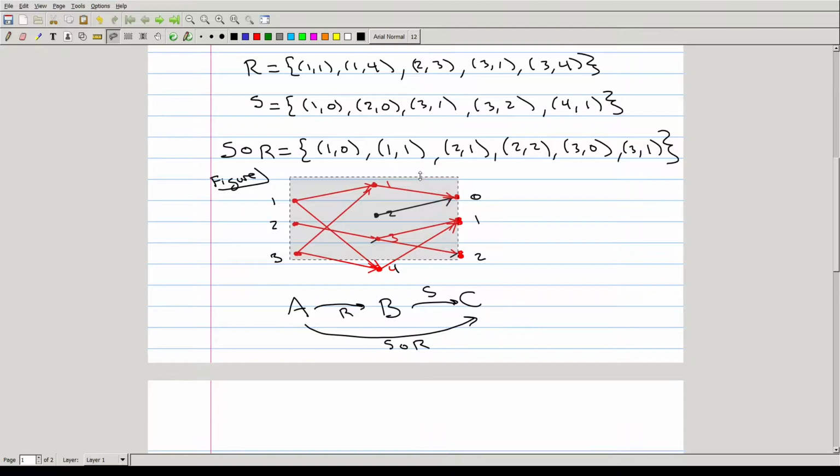And hopefully you can clearly see that these relations are very closely related to this idea of information flow, and are a central tool in modeling information flow in networks in certain types of systems.